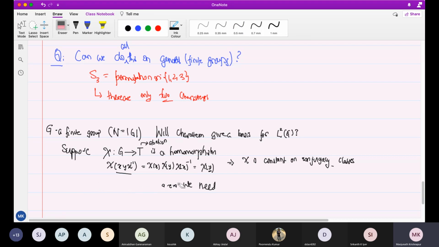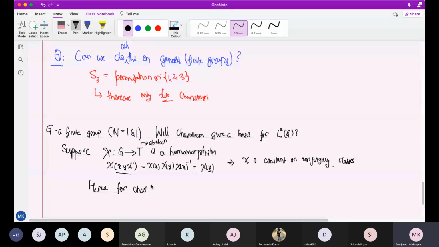That is the only way they will form a basis. Two things that are conjugate to each other cannot be separated by characters. Hence, for characters to form a basis, all conjugacy classes have to be singletons.